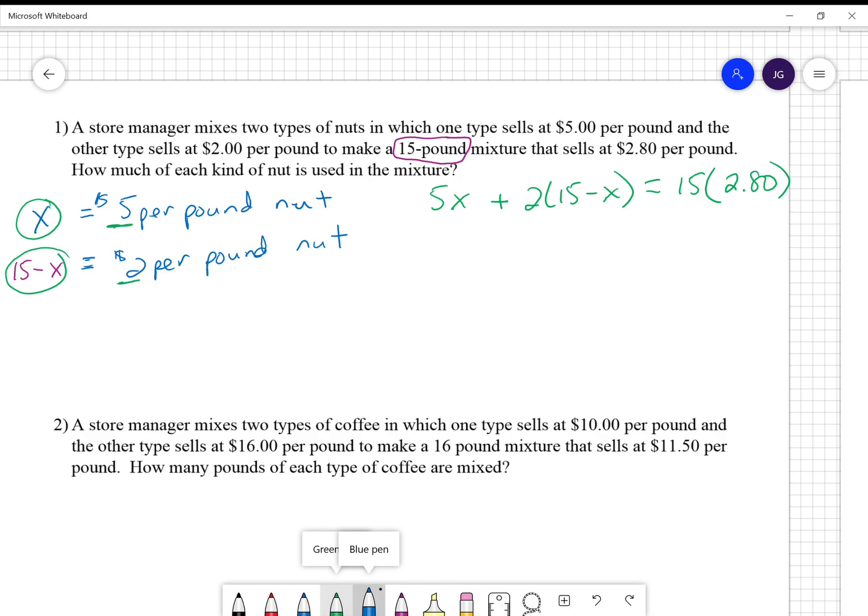Now I have my equation. Now it's all algebra. Distribute. On the left, I can combine my like terms.